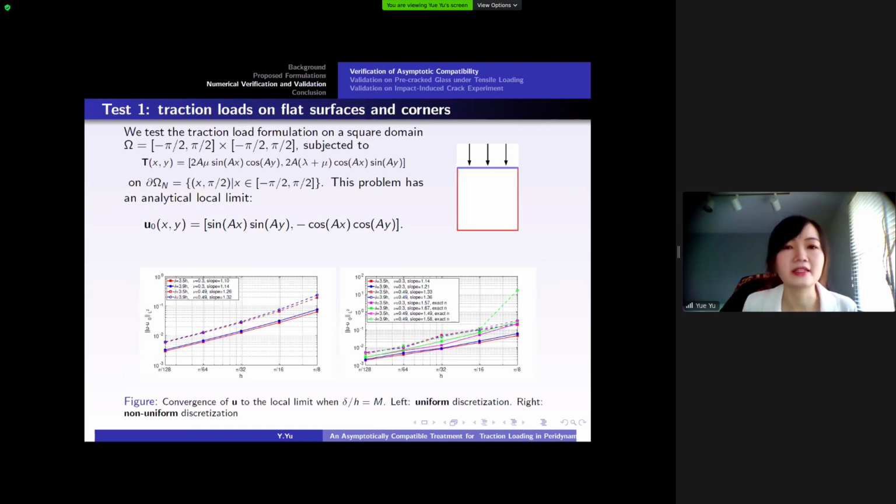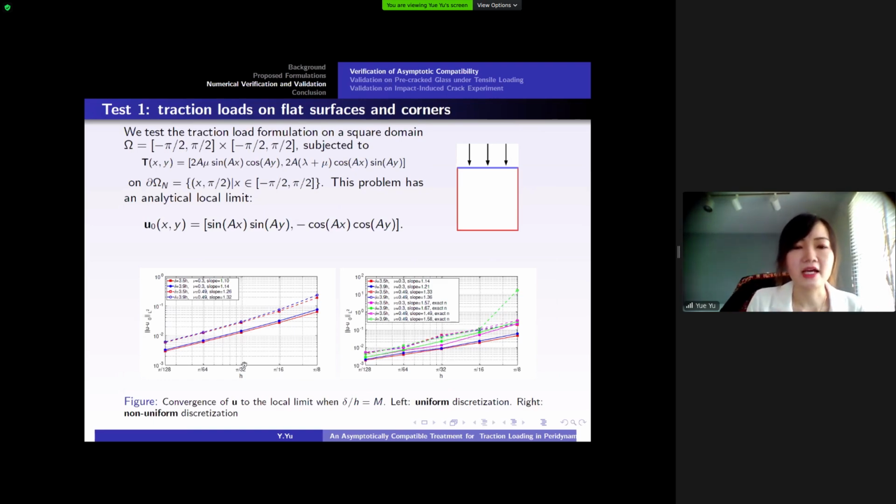So firstly, let's look at a case with the analytical local limit. We have a square domain and we apply the traction load on the top surface. Here we compare the difference between our nonlocal numerical solution and the analytical local limit, and we keep the ratio between delta and the discretization size fixed.